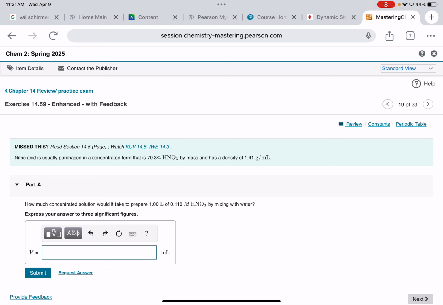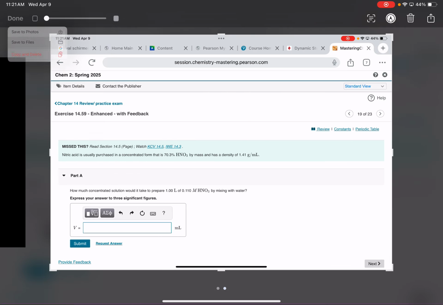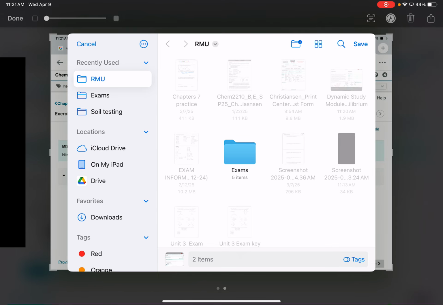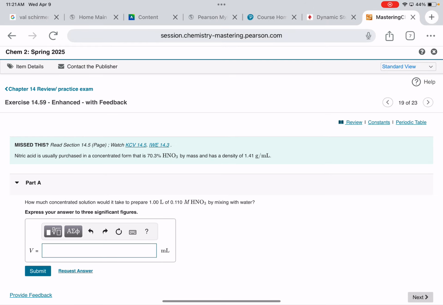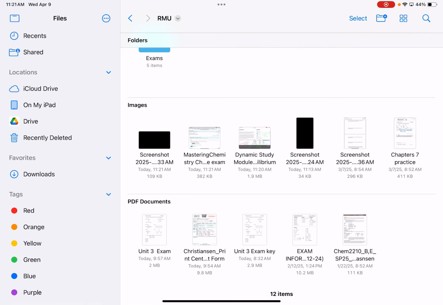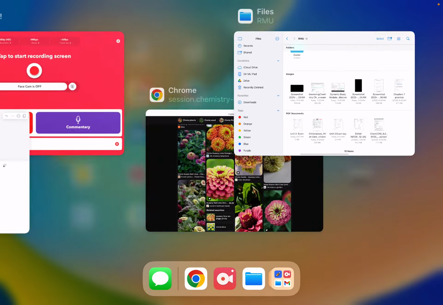Okay, so this is a dilution but it is also involving an initial concentration. Let me put this in a file thing. Wait, that just saved the blank screen. Nice.